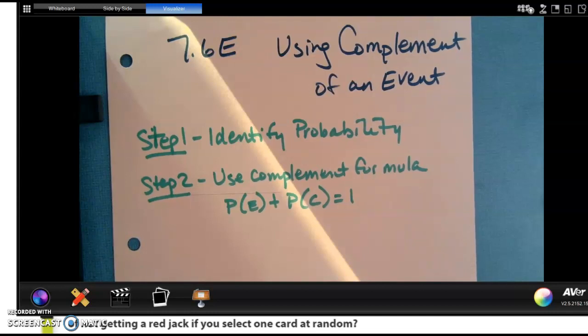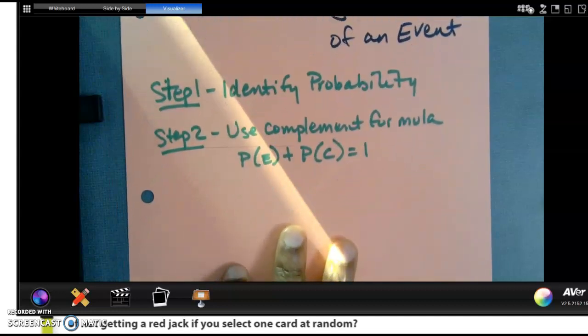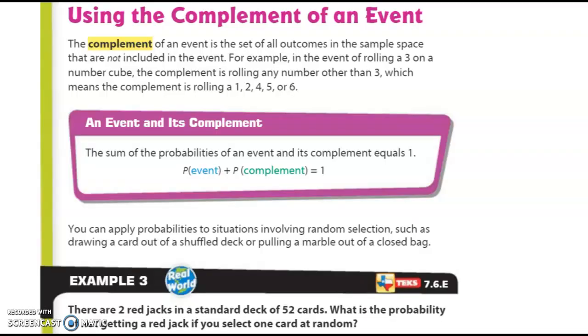I want to identify the probability and then use the complement formula to help us find the complement. In this case, I know that the probability of my event plus the probability of the complement is going to equal 1.